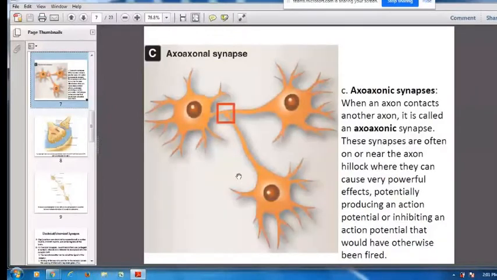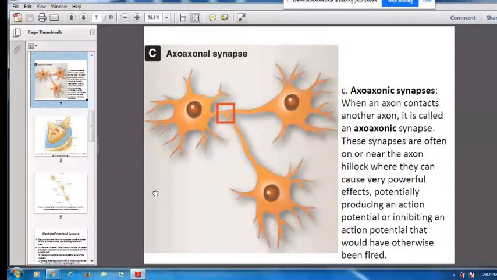The axon of one neuron and the axon of another. This is axoaxonal. Okay. So simply, till now we studied that a synapse can be a junction between a neuron and another neuron, a neuron and a muscle, or a neuron and a gland. Here we are talking about the neuronal synapse, that is between neurons.